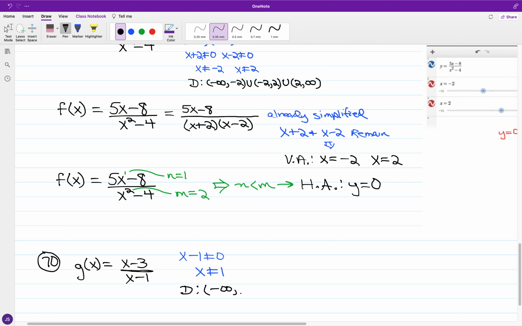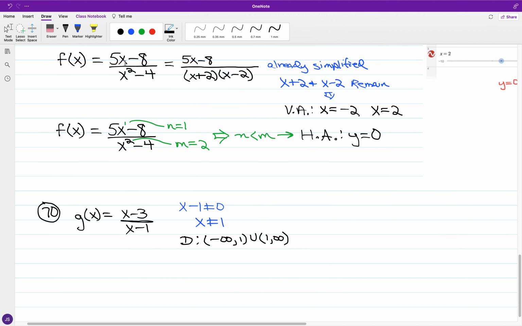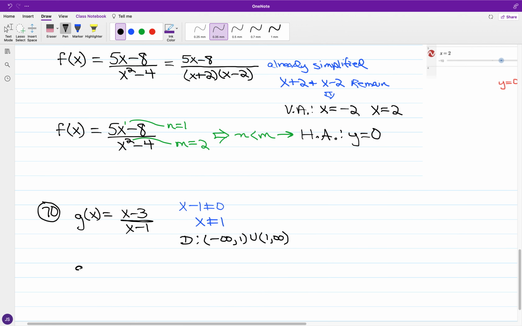For the domain, we have those values of x less than 1, and those values of x greater than 1. And again, g of x is already simplified.